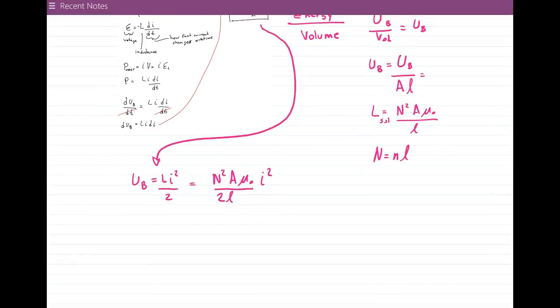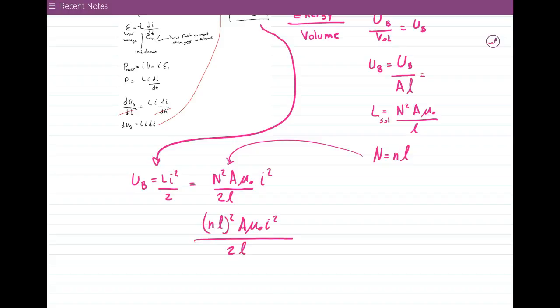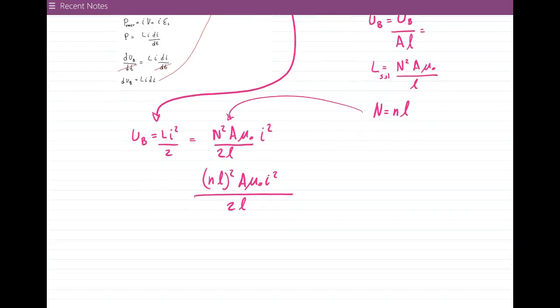We'll have n squared, L squared, A, mu naught, I squared, all divided by A, L squared. So the A L squared goes away, and that leaves me with mu naught, n squared, I squared.